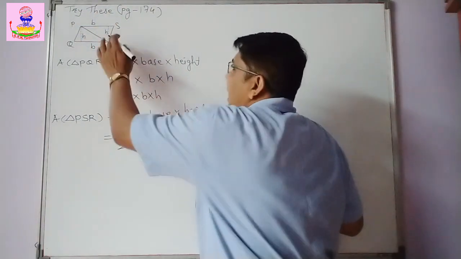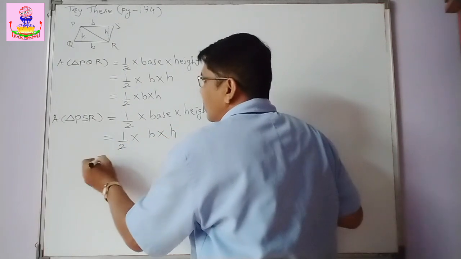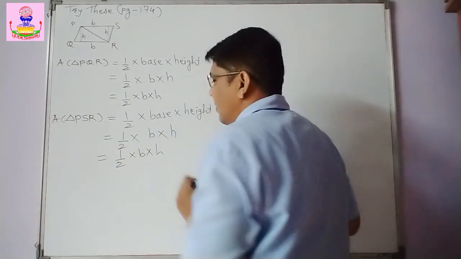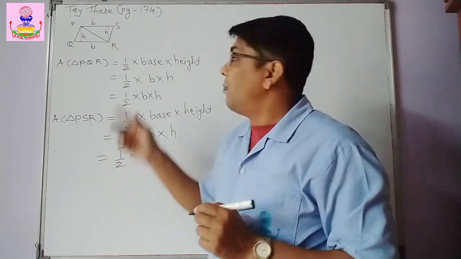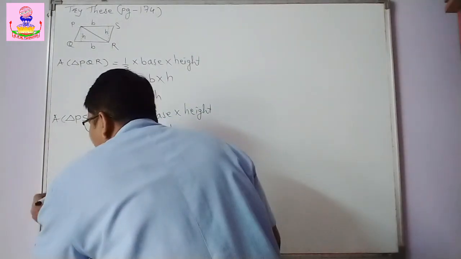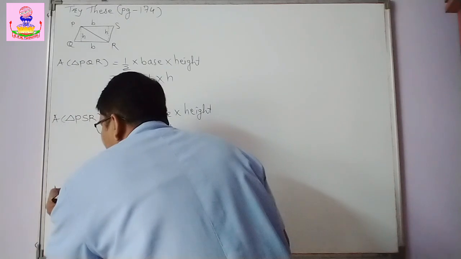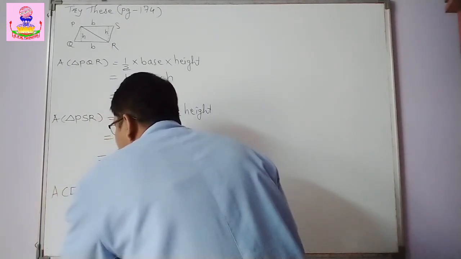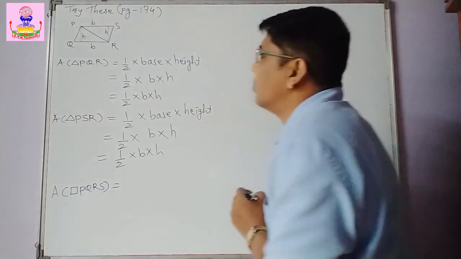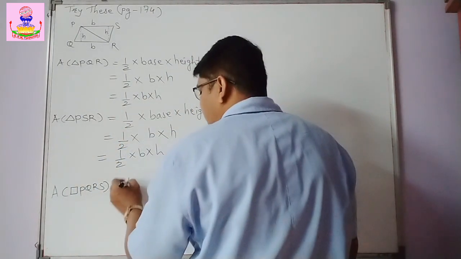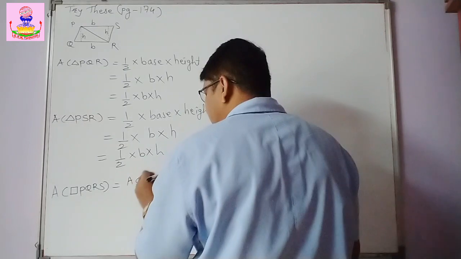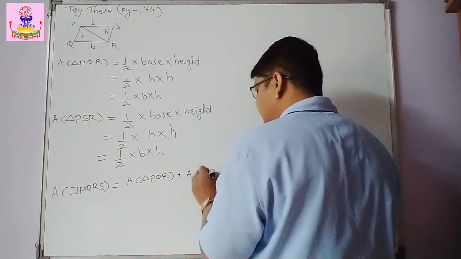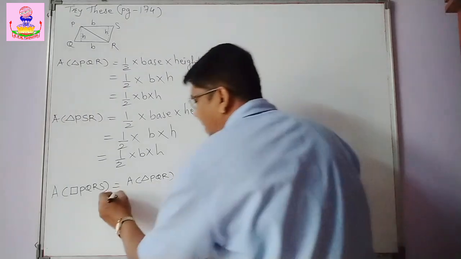That is B, into height, again H. So again you get half into B into H. Okay. Now, area of parallelogram, we will find it out. So area of parallelogram PQRS is equal to area of triangle PQR plus area of triangle PSR.